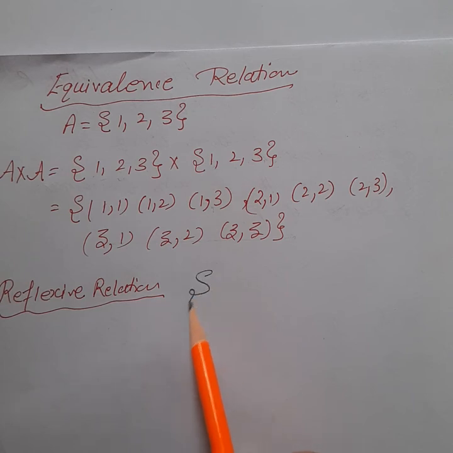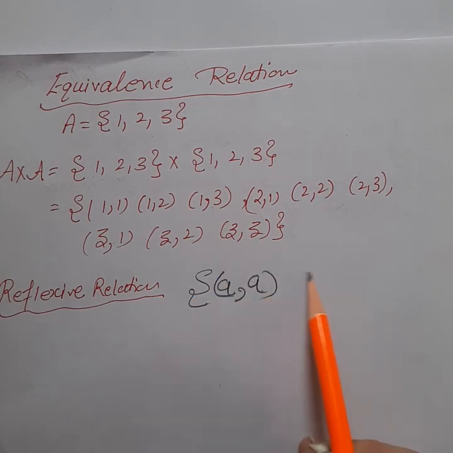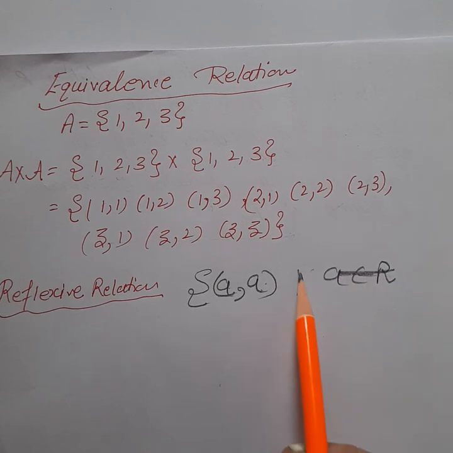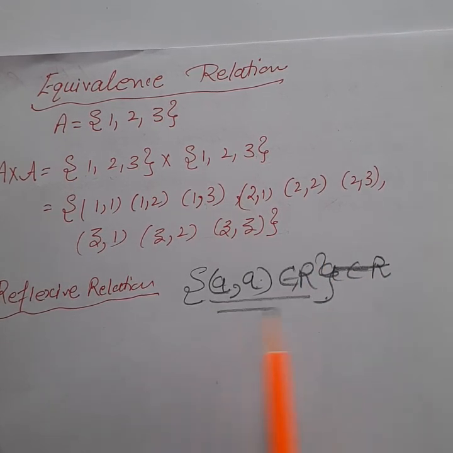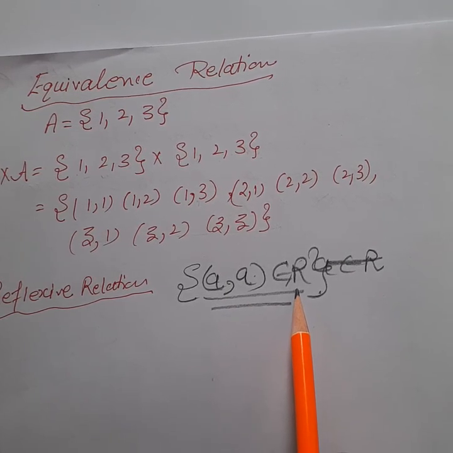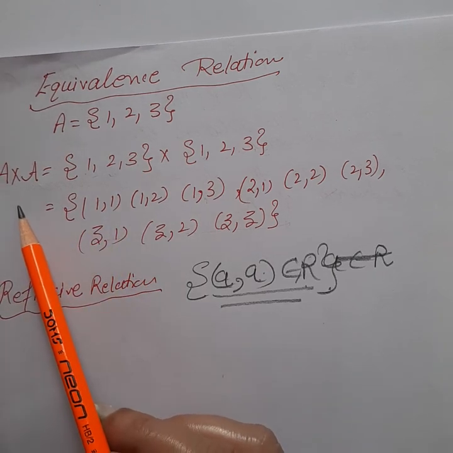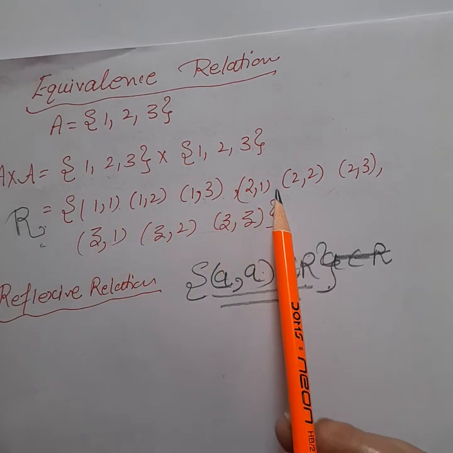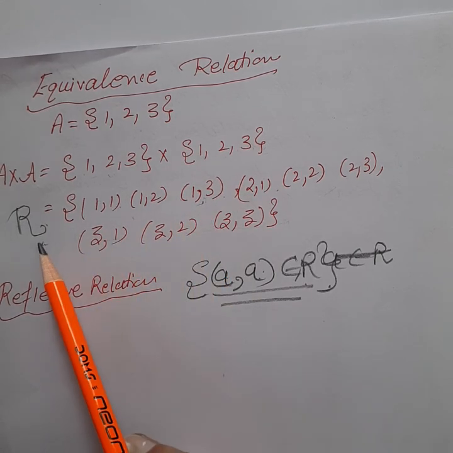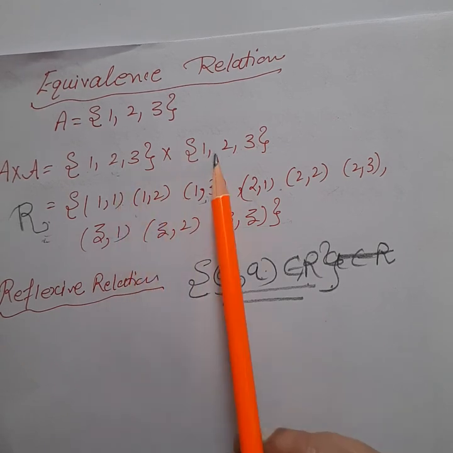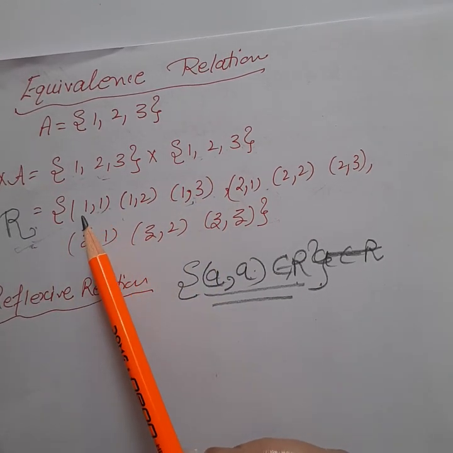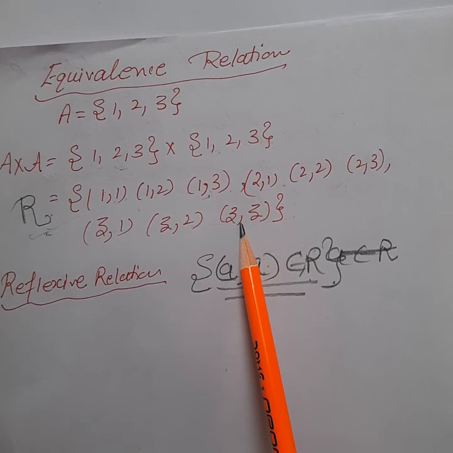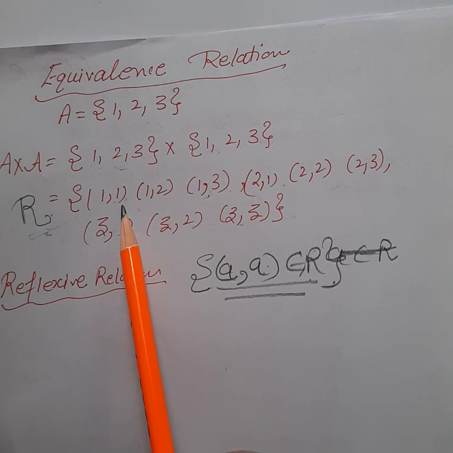A reflexive relation is one where the two elements are the same, that is, (a, a) belongs to R for every a. Suppose this set is called the relation R. Here we have (1, 1), (2, 2) and (3, 3), the same elements, where both entries are the same.